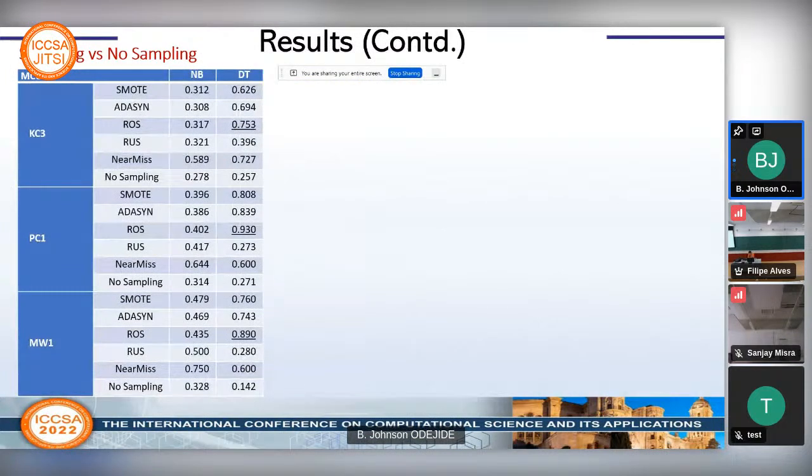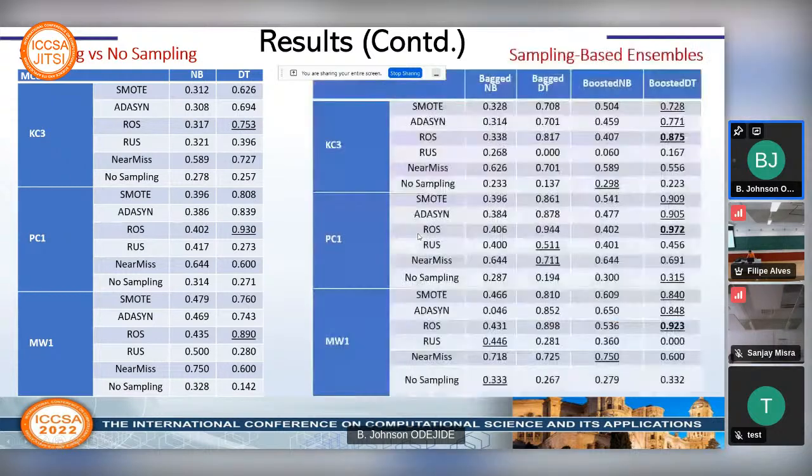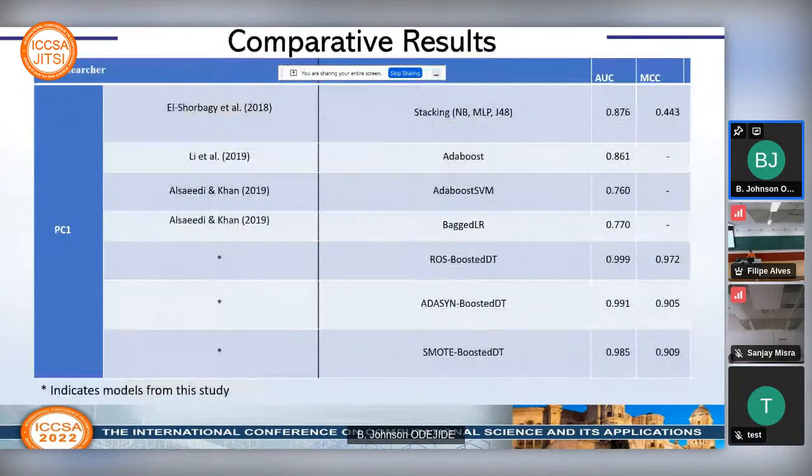And for the MCC, the same result was achieved, where this is the case of no sampling. And then we see again that there is an impact that sampling has on the data set. And same thing with the bagged and boosted data set.